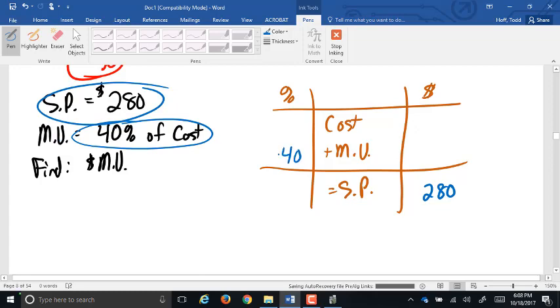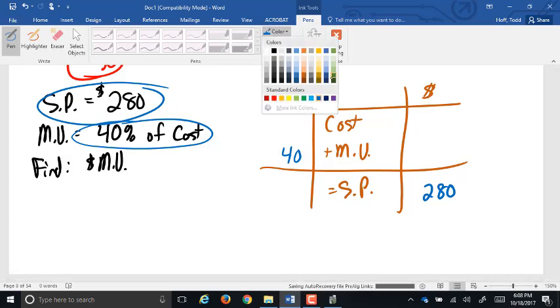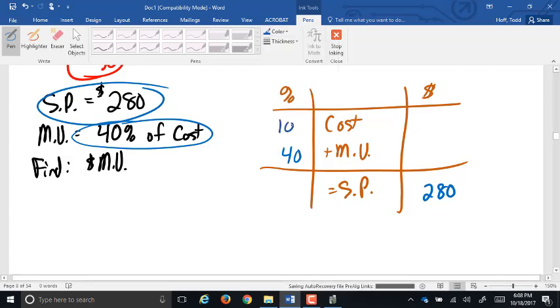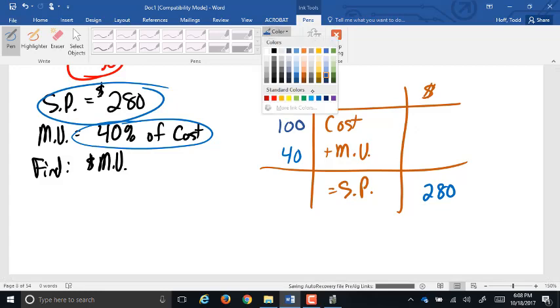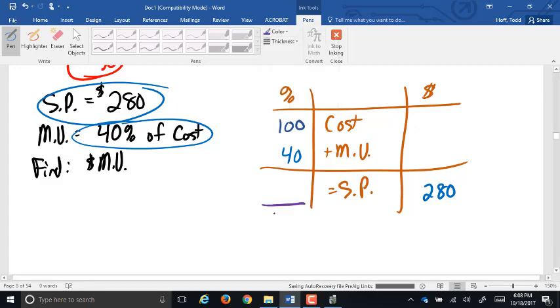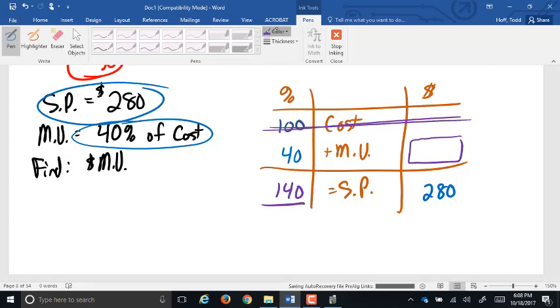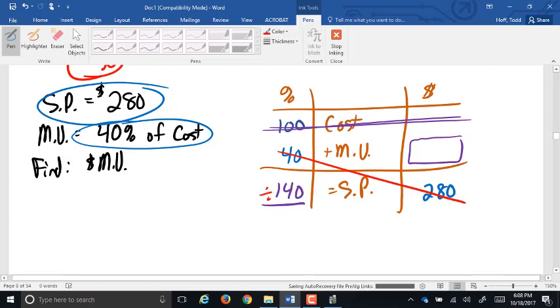Where does 100 go? It goes on cost. We can figure out that the selling price percent is 140. We are looking for the dollar amount of the markup. We will multiply 40 times 280 divided by 140, which should be $80.